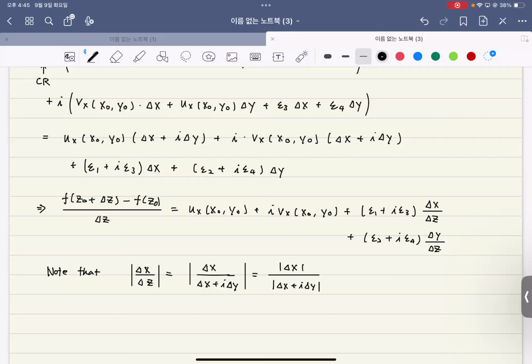For me, this is very obvious that this number is always bounded by 1. Likewise, delta y over delta z is also bounded by 1.